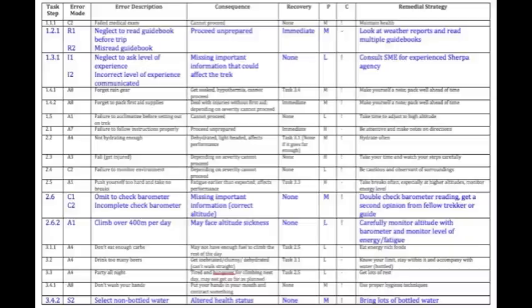The first, neglect to read guidebook before trip, can be classified as an R1 error. This means that information was not obtained. The second, misread guidebook, could be classified as R2, wrong information obtained. To select the proper external error mode, consult a SHERPA external error mode taxonomy chart.